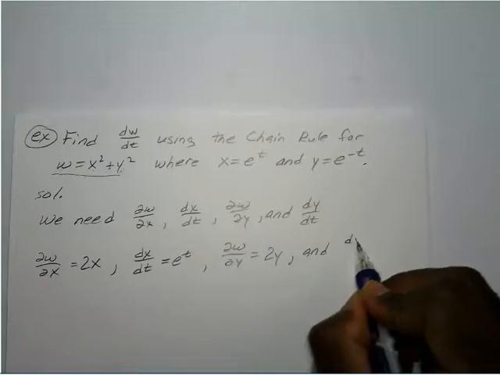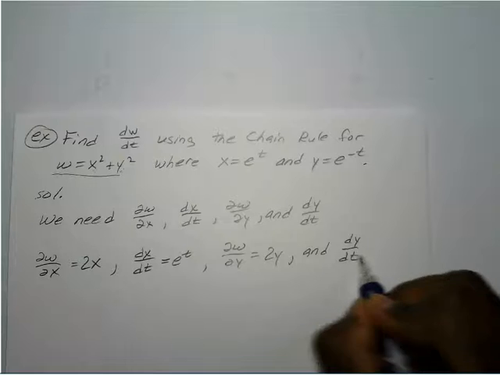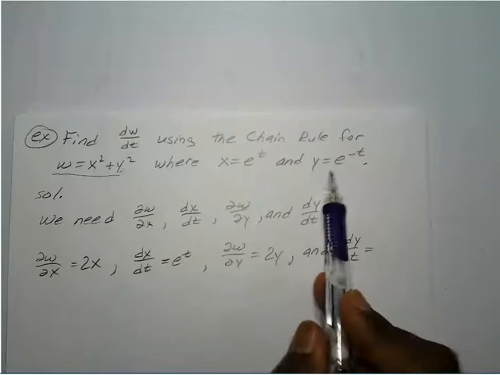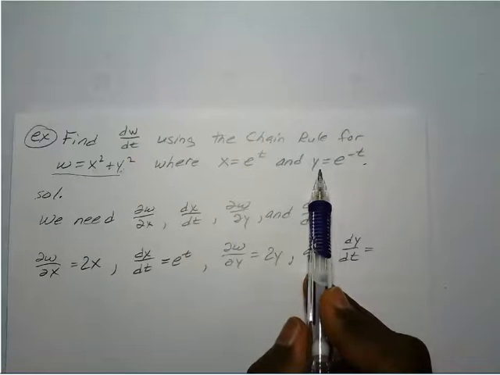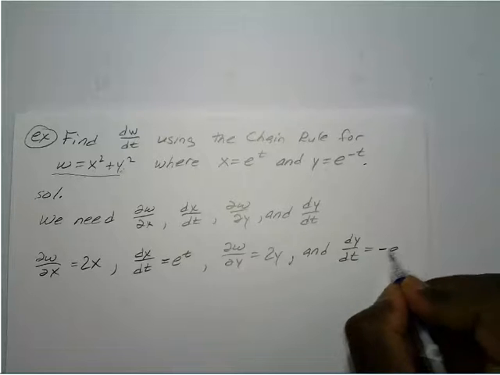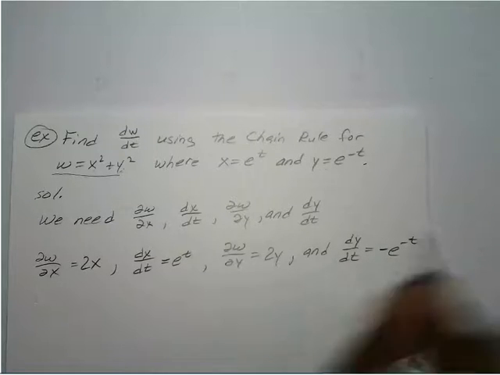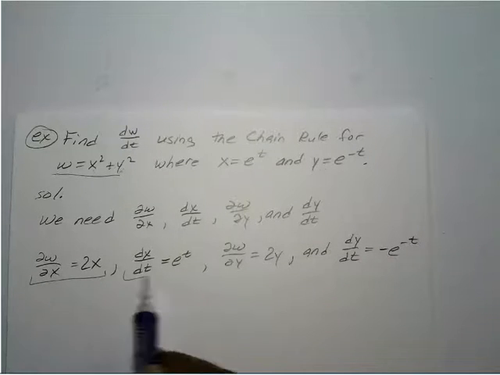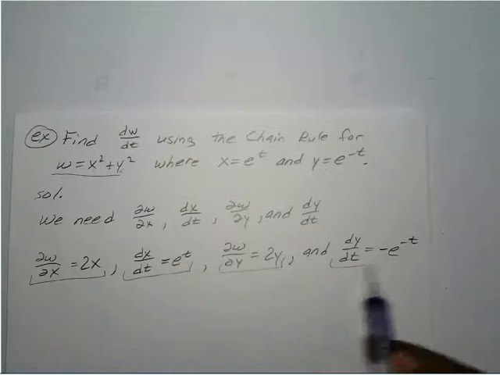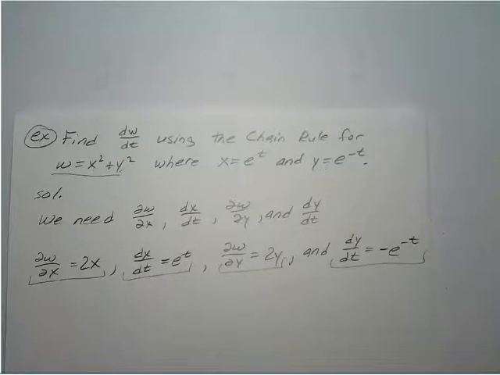And the derivative of y with respect to t, this is our y, will be negative e to the negative t. Okay, so we have everything that we're going to need.